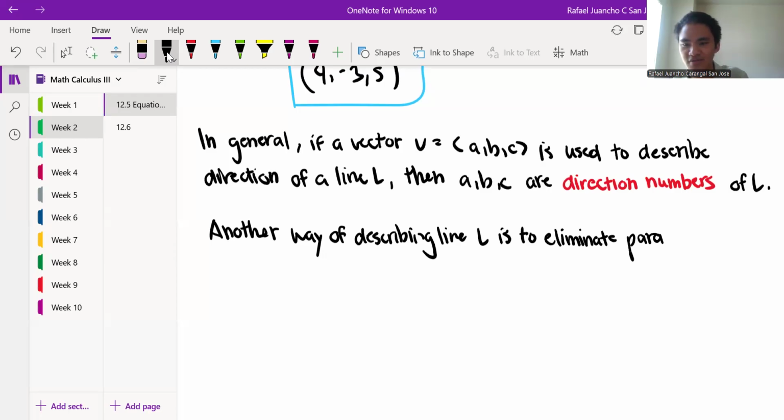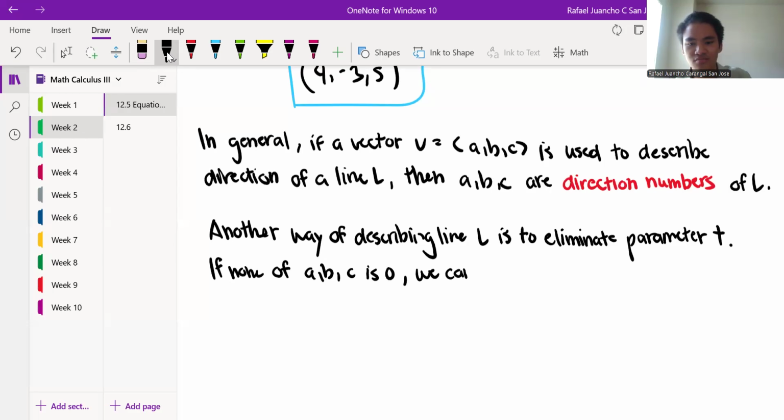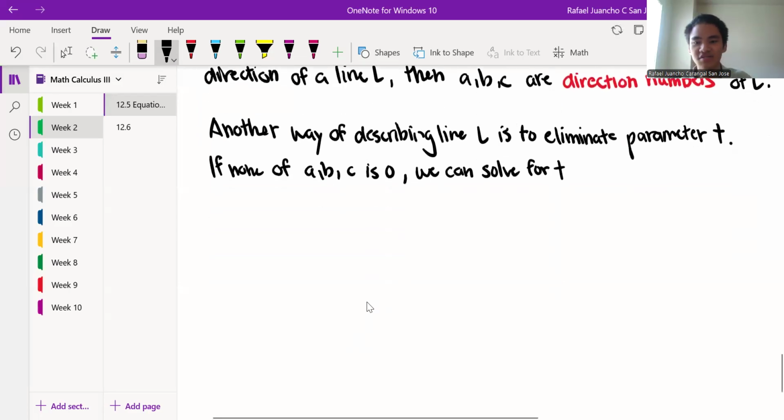So this is just another way of looking at it. And we're saying here, if none of a, b, or c is 0, we can solve for t. Ideally, if they have the same coordinates, then they should have the same t.